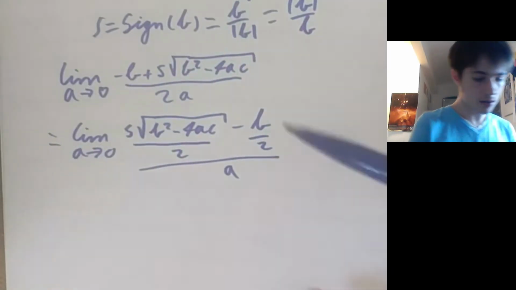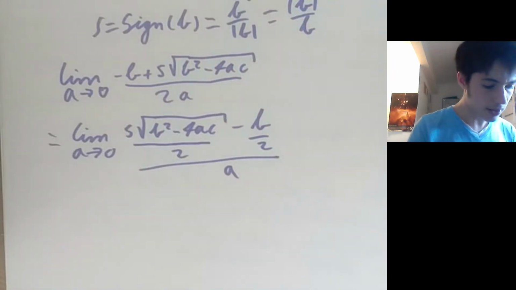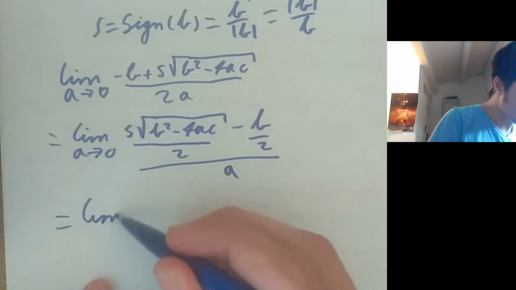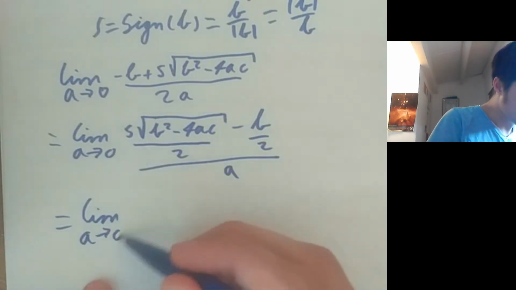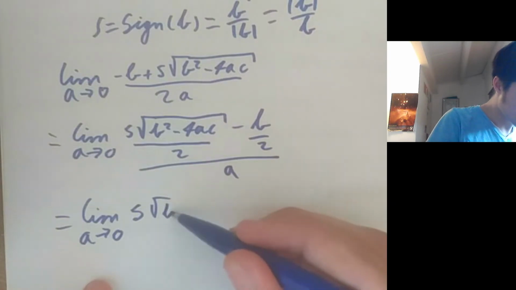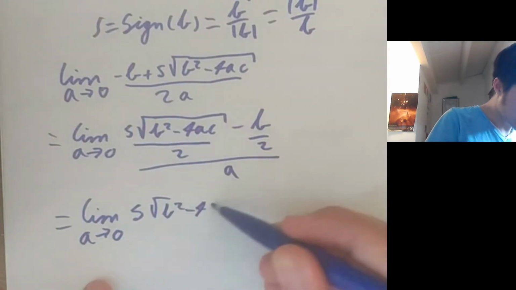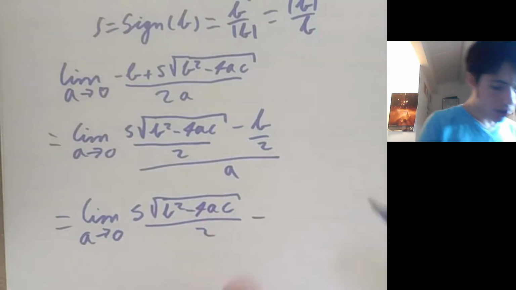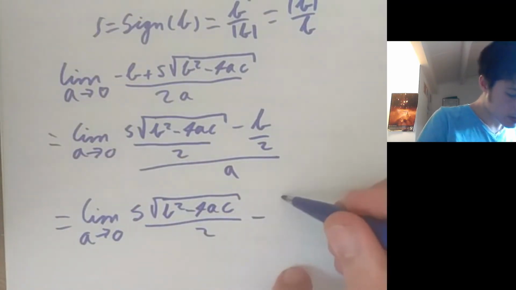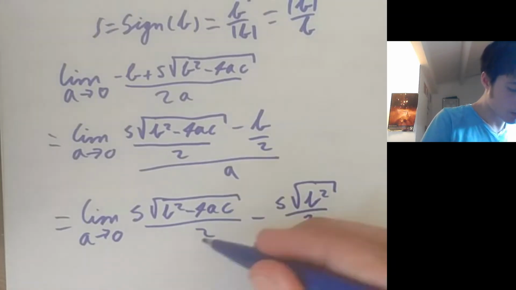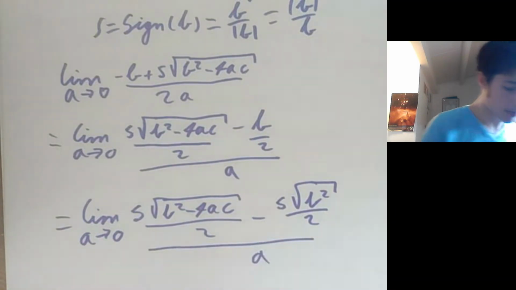And then notice that we can write this as the limit when a goes to 0 of the first part, which I'm going to leave exactly the same, minus 4ac all over 2. But then we're going to replace this with the sine of b times the square root of b squared all over 2, and then all of this divided by a.